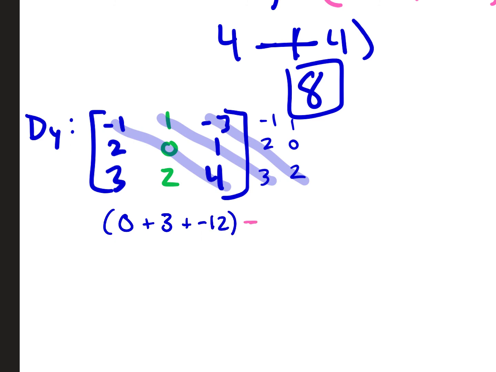Negative 12. And then minus our minors. So our minors start with 3 times 0 times negative 3. 0. 2 times 1 times negative 1. Negative 2. And 4 times 2 times 1. 8.